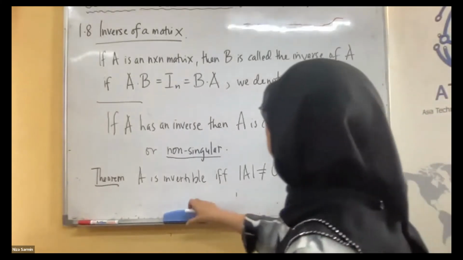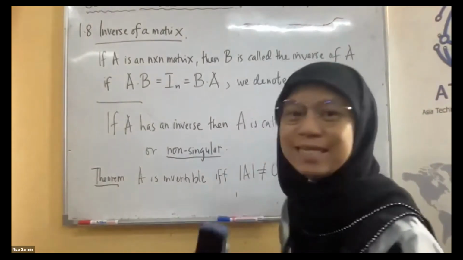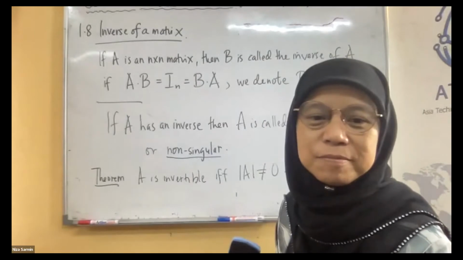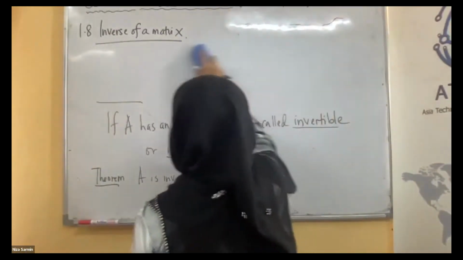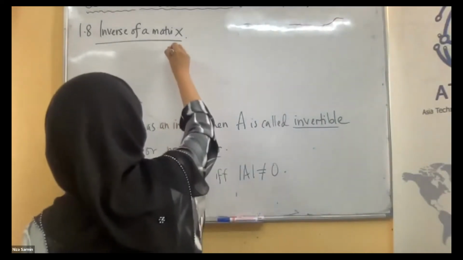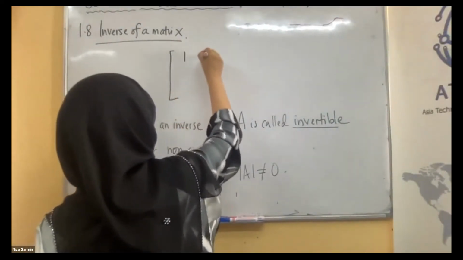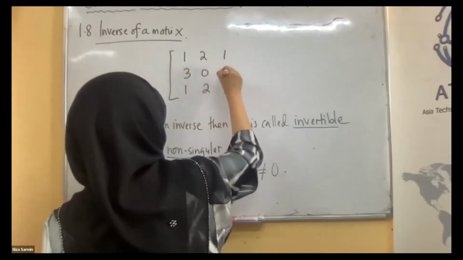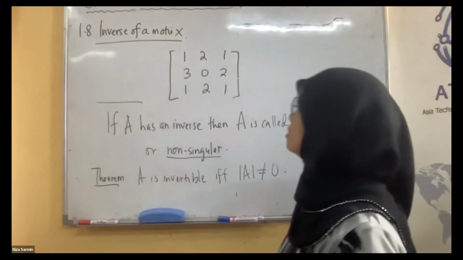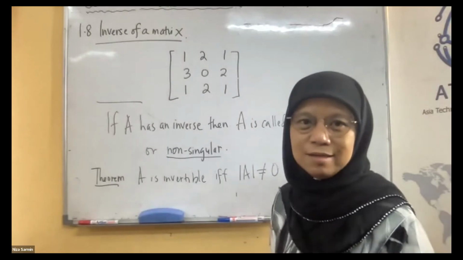Give an example of a singular matrix. Eugene said 2 rows with the same entry. So maybe you want to give something like this. Right? This is what you meant.